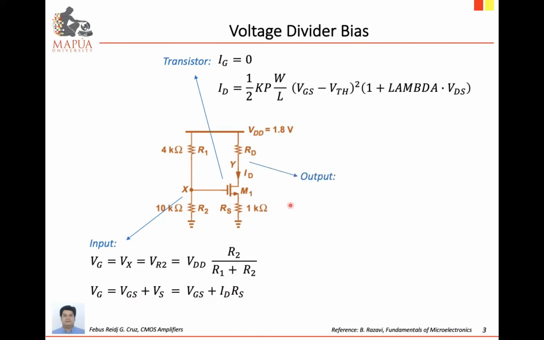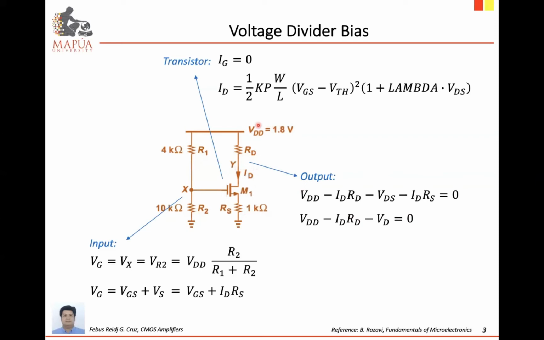Then at the output, we can have the voltage equation: VDD minus IDRD, and then minus VDS, and then minus IDRS. We can also express the output equation in terms of the drain voltage, which is the voltage from drain directly to ground.